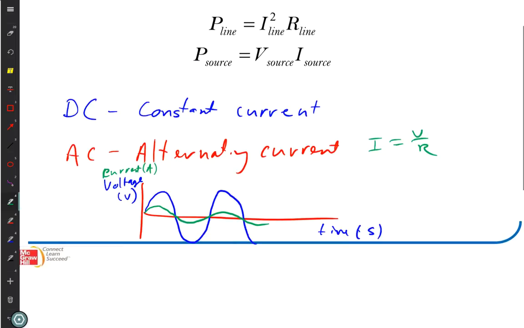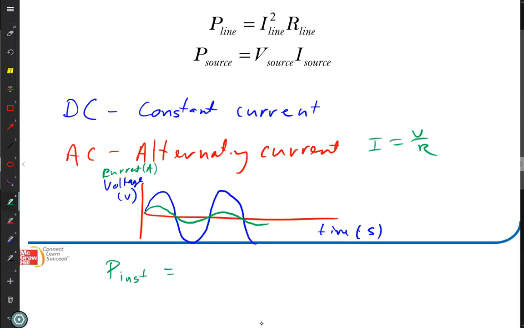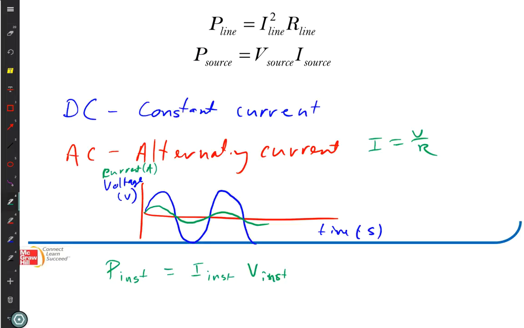So if I take this and I calculate the power, instantaneously at any instant it is the current instantaneously times the voltage instantaneously. Right? That was our equation, that power is voltage times current. If it's DC, the average is going to be the same as the instantaneous. If it's AC, though, it's going to be constantly fluctuating.